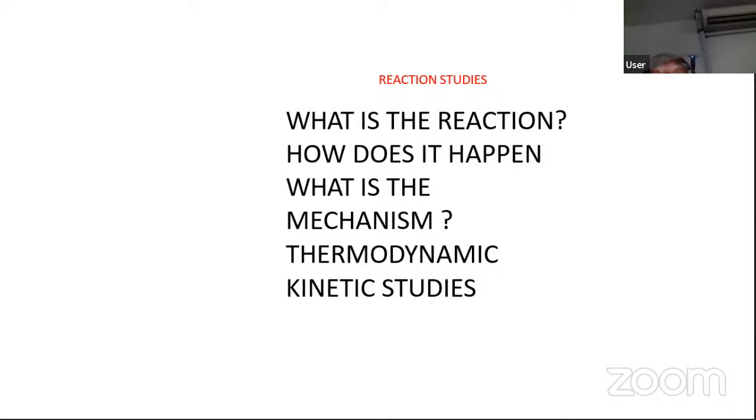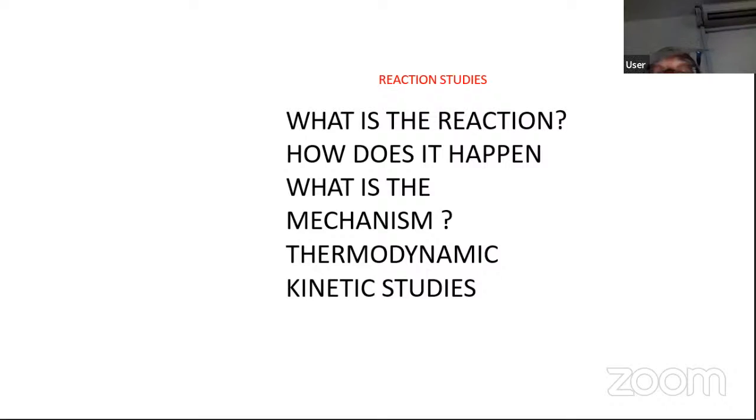So thermodynamics can predict whether the reaction will take place or not. You remember when you learn thermodynamics, it has something to do with heat, the energy and the heat. So you measure the enthalpy, you measure the entropy, and you can also calculate the activation energy of the reaction.